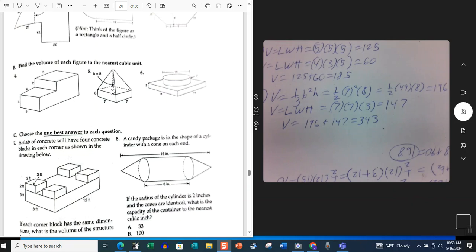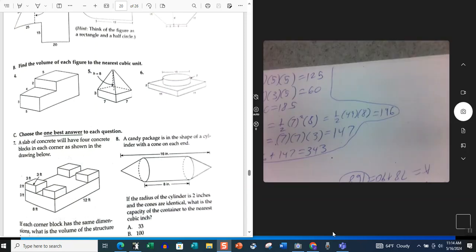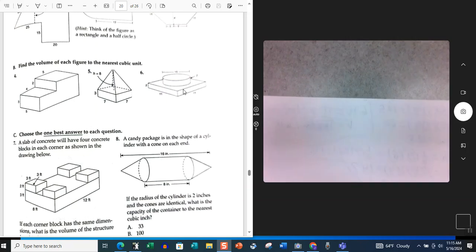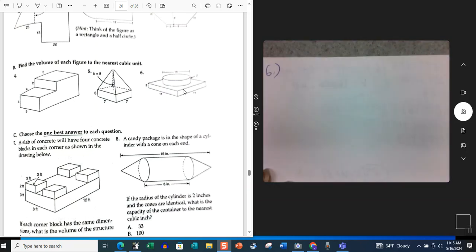Now, the last one on here is, let me take a look here. Okay, so we're dealing with number 6. We have the cylinder and we have a rectangular prism for number 6.